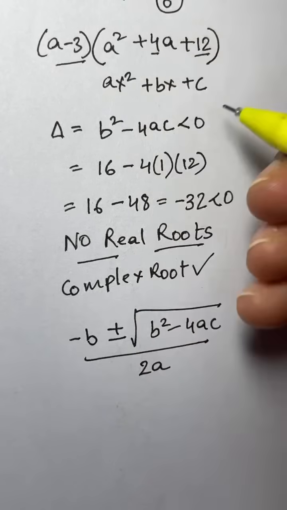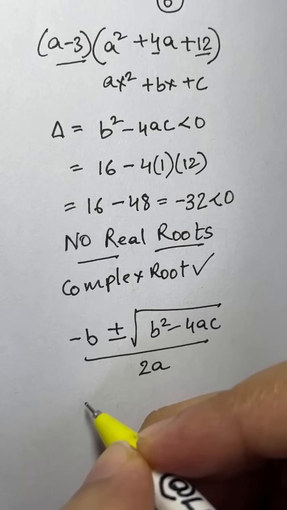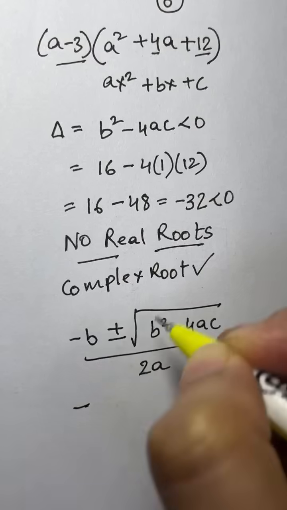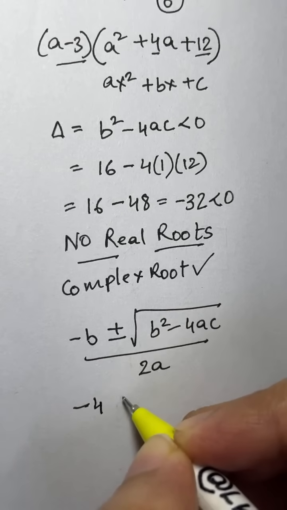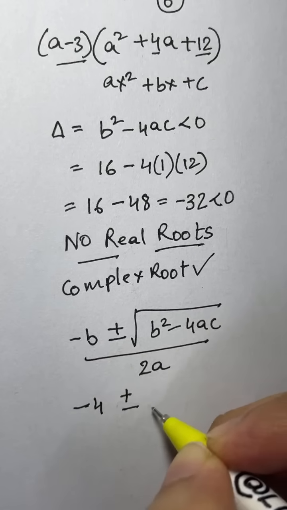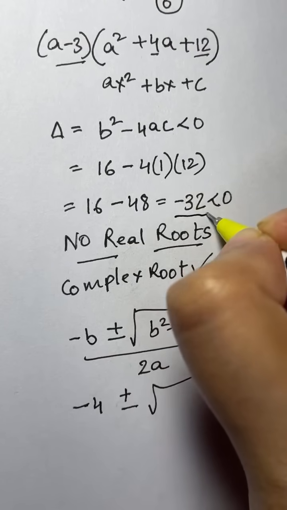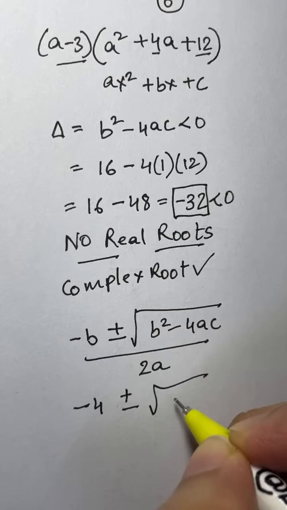It's positive 4. So let's write down negative 4, plus or minus under root of b square minus 4ac. You have already found it's negative 32. So I'm going to write that down, negative 32.